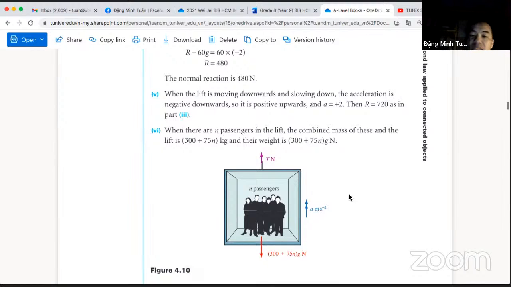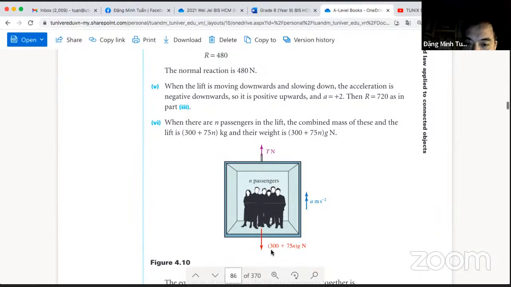Suppose here we have n passengers. So now the gravity force will be (300 plus 75n) times g.